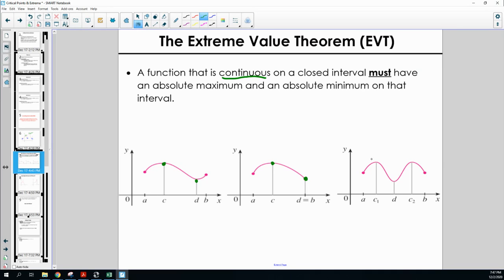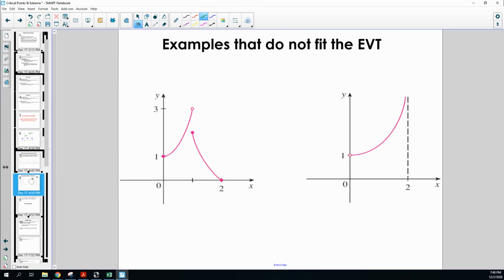And then in this one, we have two absolute maximums because they're equal, C1 and C2. And then we have an absolute minimum here at D. Okay, so by a function being continuous, it guarantees that there must be an absolute maximum and an absolute minimum. Okay, so it could be an endpoint or it could be just some point on my graph.